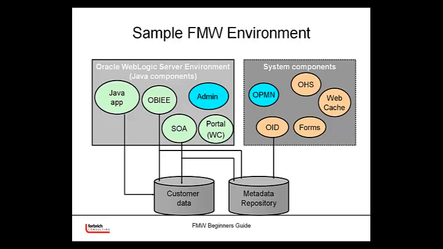On the other side, we will have the system components such as OID, forms, OHS, and much of that will be controlled through, if you had time with the Oracle Application Server, you'll recognize the name OPMN, the Oracle Process Monitor and Notification Processes.